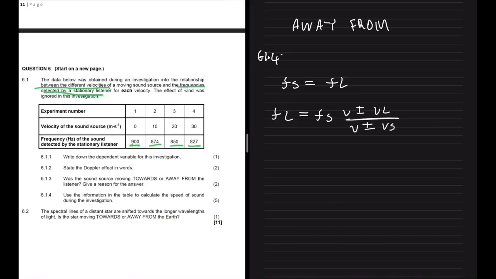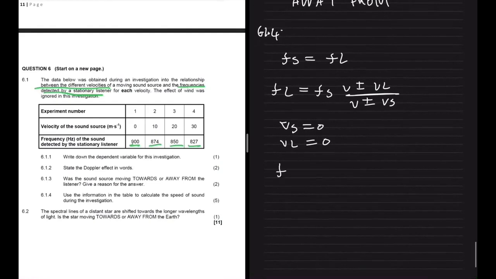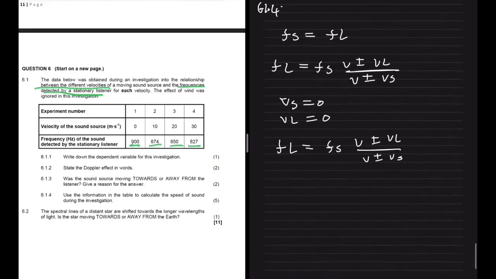In experiment 1, the velocity of the source is 0, and the listener is stationary, so the velocity of the listener is 0.